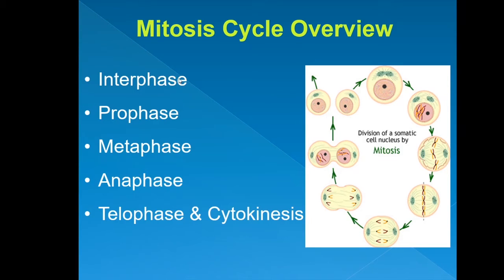It's not so much that you memorize everything or the name of the phases and the order of the phases. I really want you to focus in on what happens in each phase. And we're going to talk about some checkpoints and where cancer does maybe start to happen because the checkpoint wasn't reached. But the first phase we'll talk about is interphase, and then we'll talk about prophase, metaphase, anaphase, telophase, and cytokinesis.